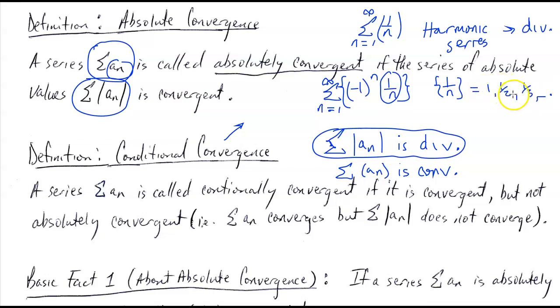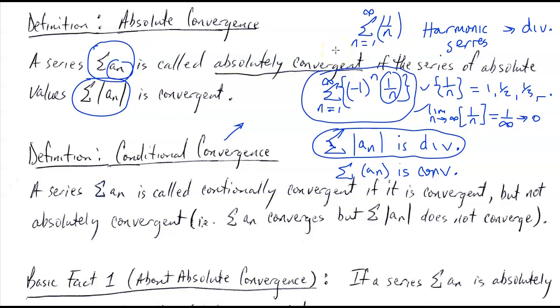If these numbers ultimately decrease, and in addition to that, if we take the limit as n approaches infinity of this, and of course this is definitely going to go to 0 in this instance, since these two properties are met, we know by the alternating series test that this particular series here will conditionally converge.